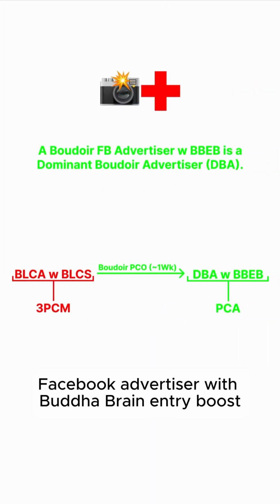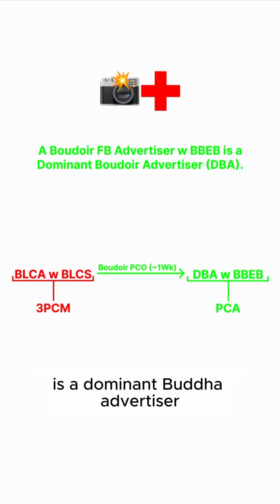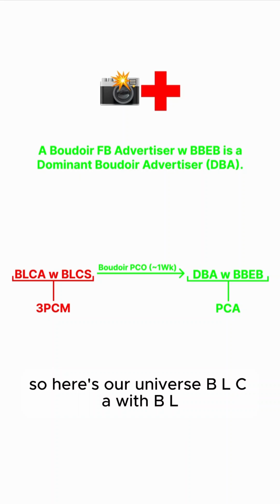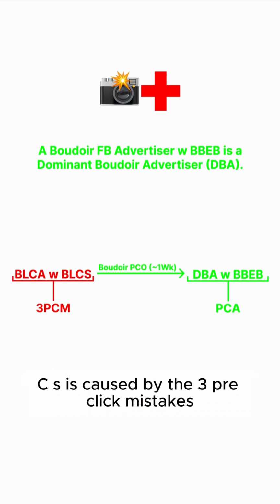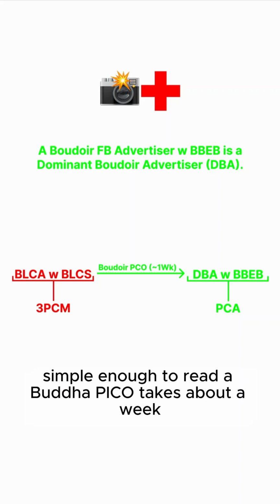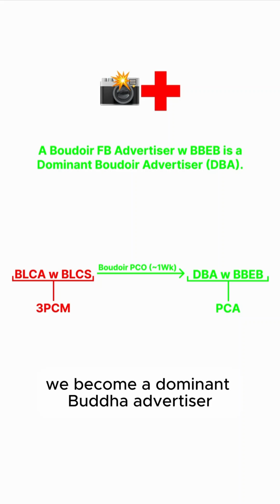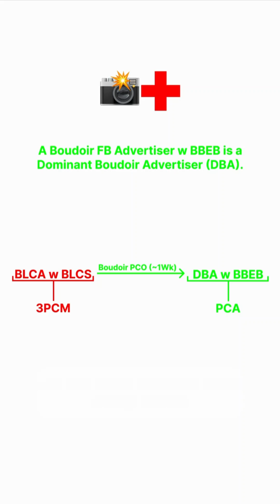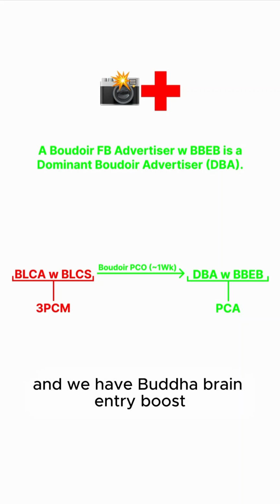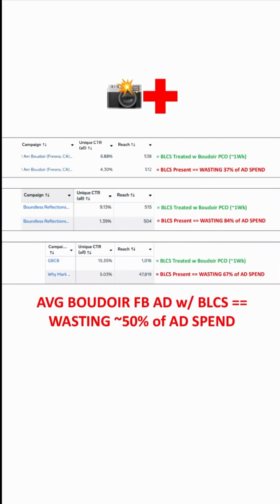And a boudoir Facebook advertiser with boudoir brain entry boost is a dominant boudoir advertiser. So here's our universe. BLCA with BLCS is caused by the 3 pre-click mistakes. Simple enough, treated with boudoir Pico takes about a week, and we achieve pre-click alignment. We become a dominant boudoir advertiser, and we have boudoir brain entry boost with our boudoir Facebook ads.